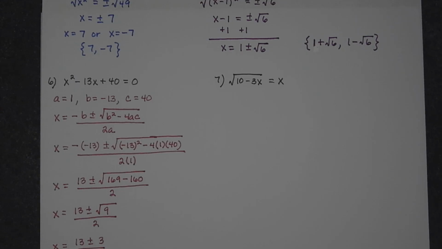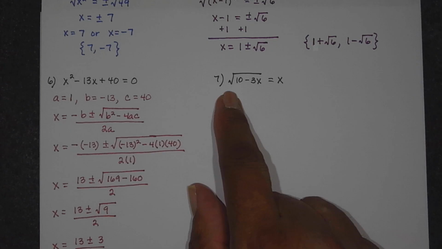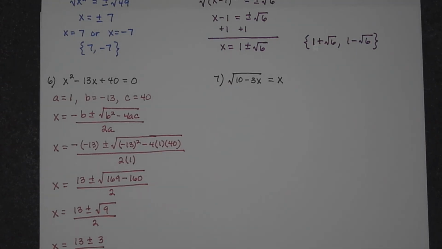So here we got the square root of 10 minus 3x equals x. And in this case, the radical is already by itself, so we don't have to worry about moving terms over to the opposite side. What would be the opposite of taking the square root? Square it.